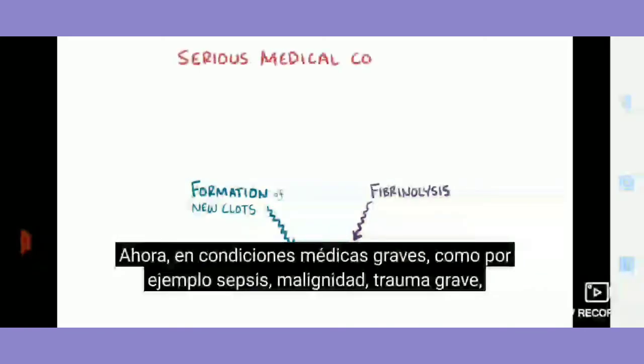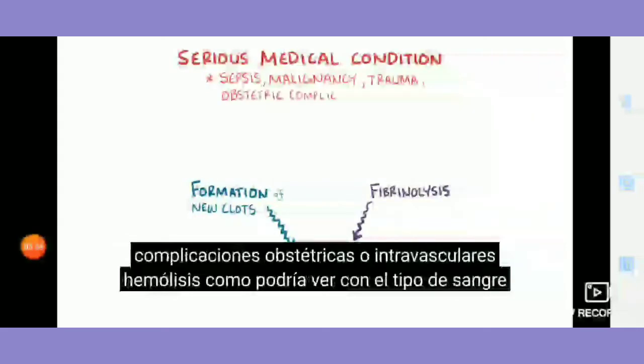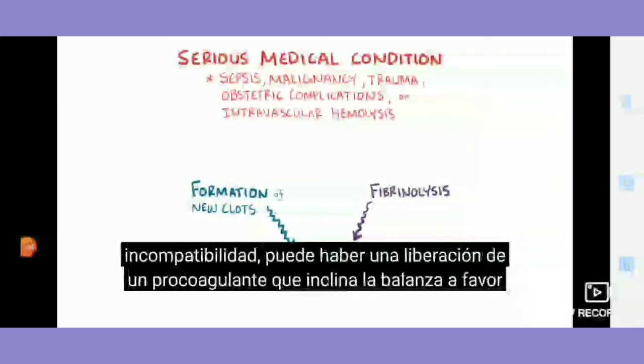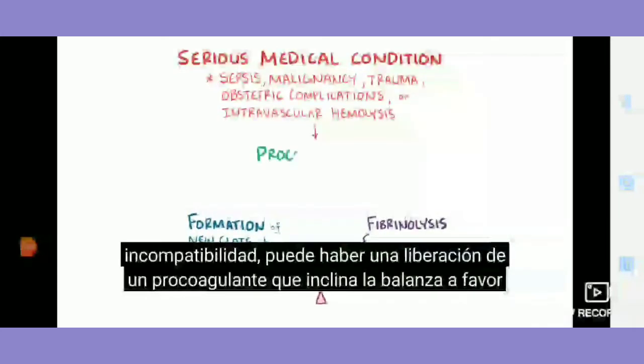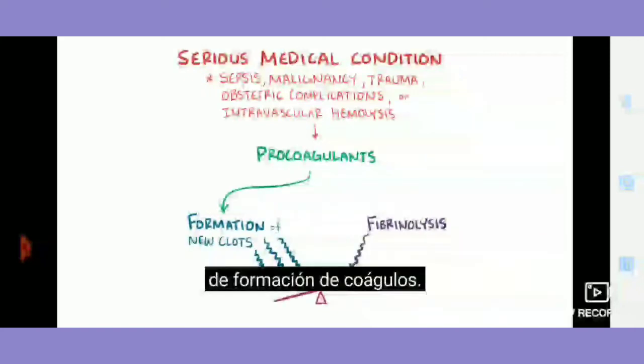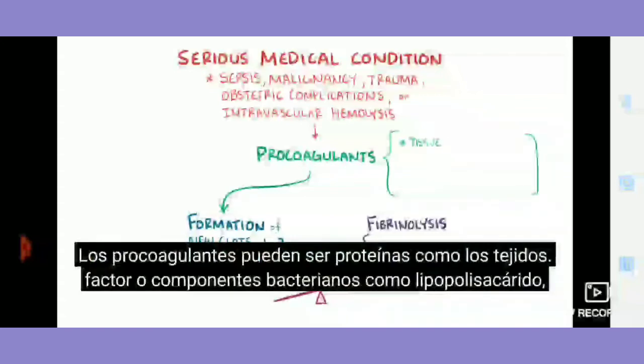Now, in serious medical conditions, like for example sepsis, malignancy, serious trauma, obstetric complications, or intravascular hemolysis, like you might see with blood type incompatibility, there can be a release of a procoagulant that tips the scales in favor of clot formation. Procoagulants could be proteins, like tissue factor, or bacterial components, like lipopolysaccharide.